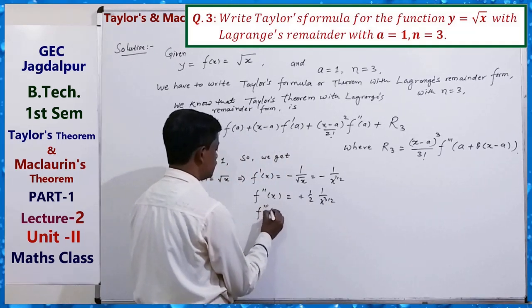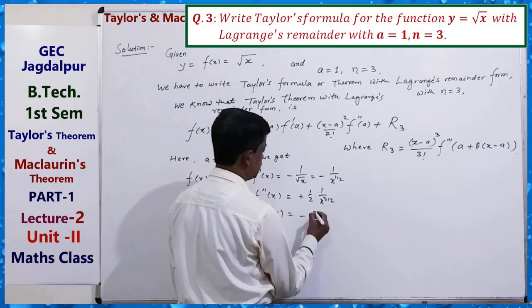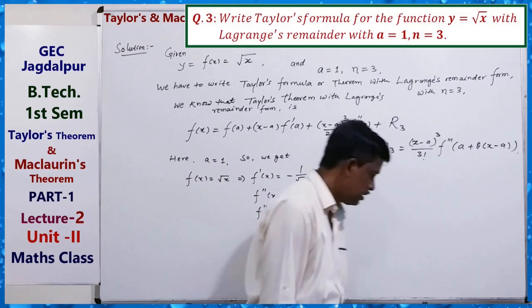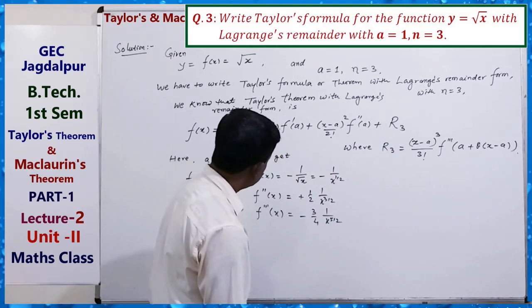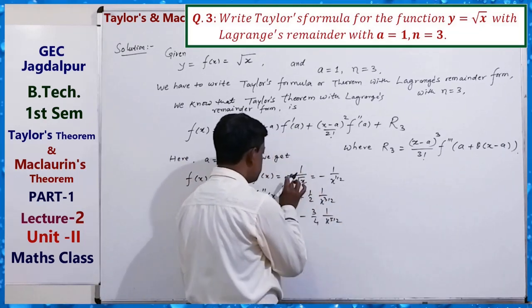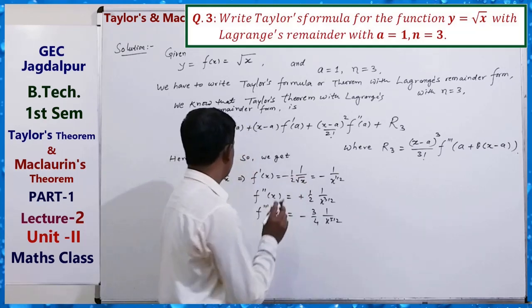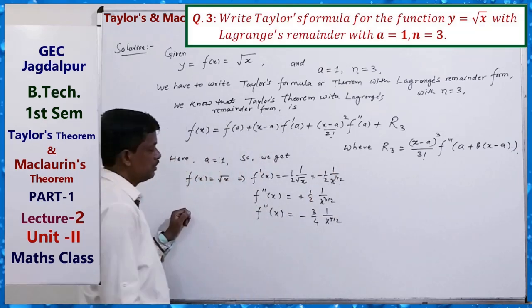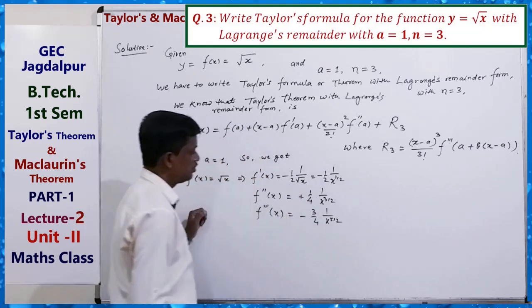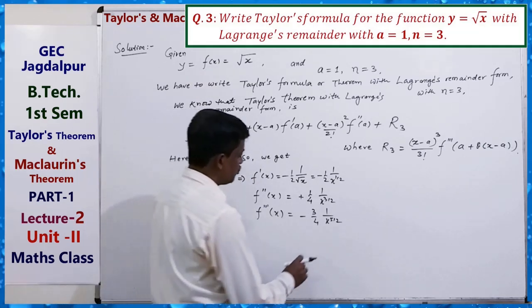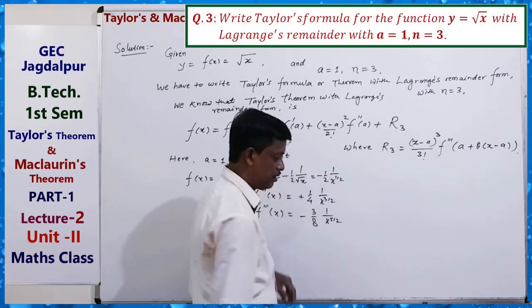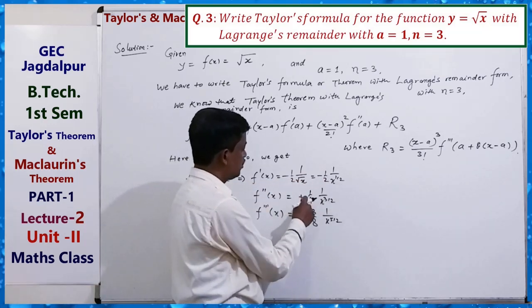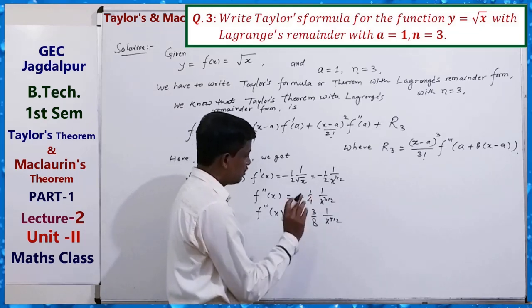F triple dash x equals 3 by 8, 1 upon x to the power 5 by 2.